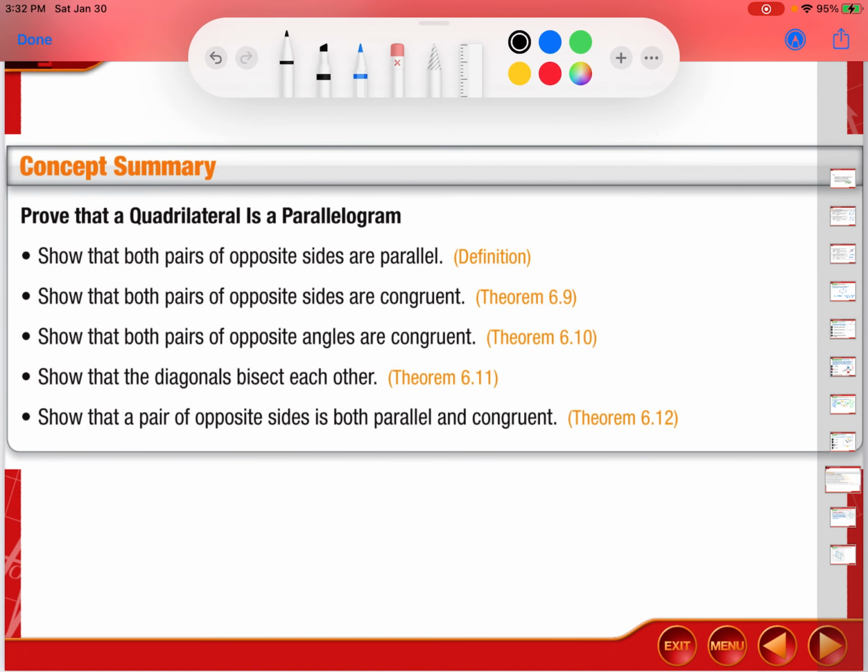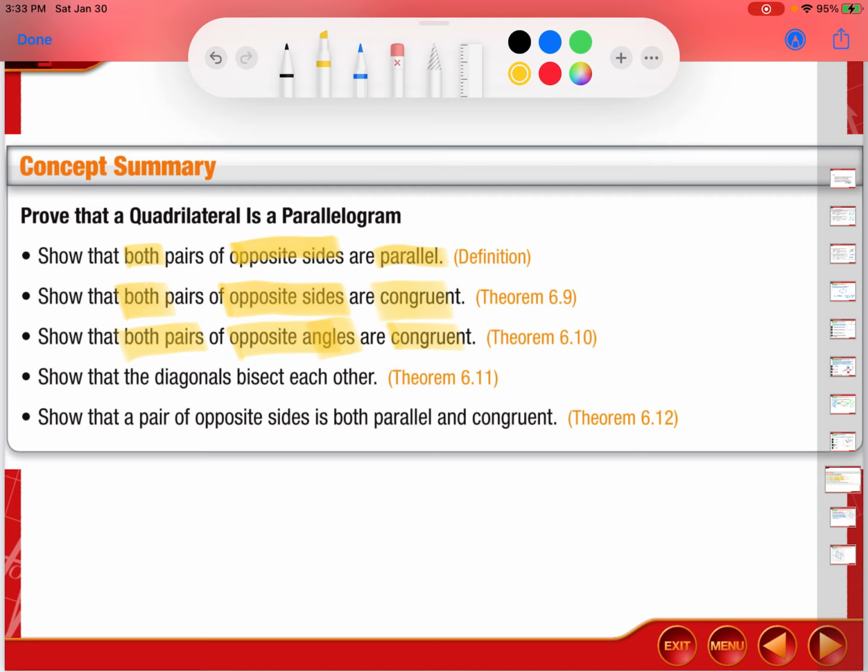Continuing on, this is just a summary of how we can prove something is a parallelogram. We can say that both pairs of opposite sides are parallel. We can show that both pairs of opposite sides are congruent. We can show that both pairs of opposite angles are congruent, meaning top, bottom, left, right.